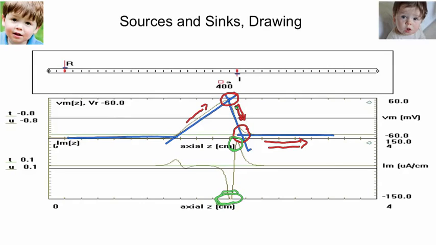We can do that again. I won't do it right now, but we could do that again over here at our third change in slope. And if we did it over here at our third change in slope, we'd find still another source or sink, depending on how the slope's changed. I think here we'll find a source because the waveform will change from zero slope to positive slope.